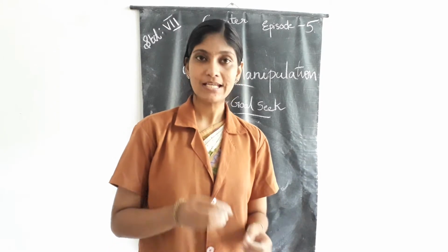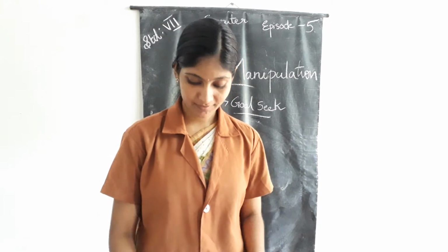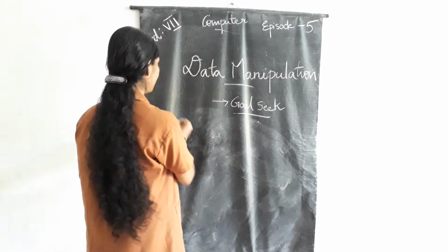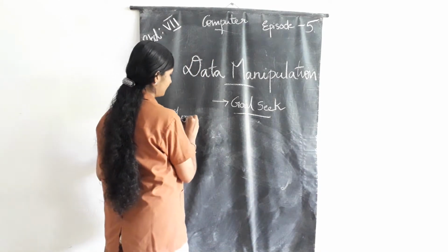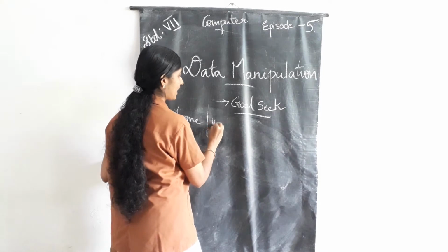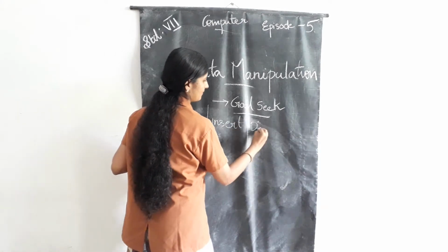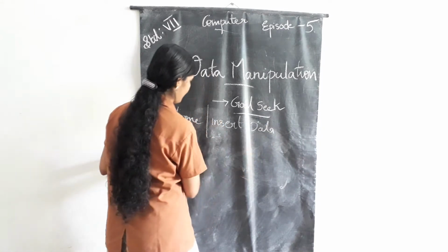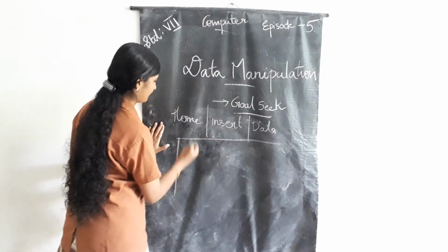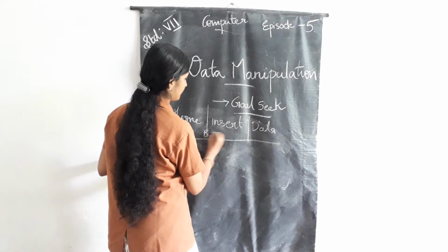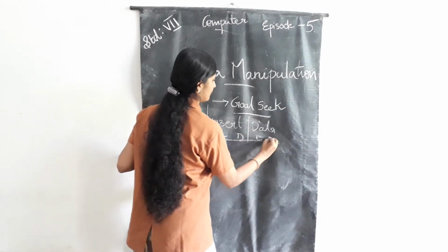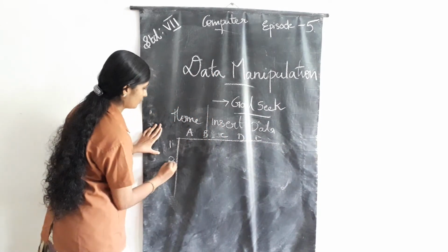So first, click on the data tab. We know in our spreadsheet there is a home tab, insert tab, and there is a data tab. And here A, B, C, D, etc., and 1, 2, 3.